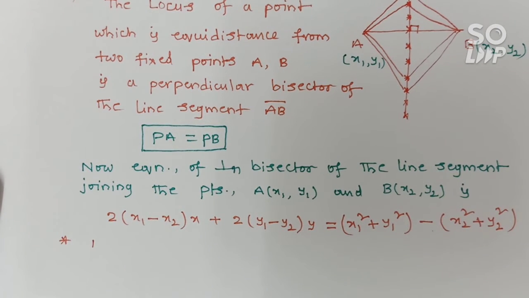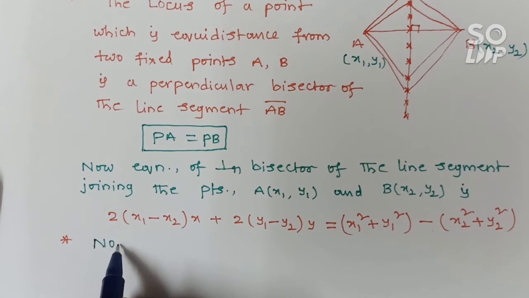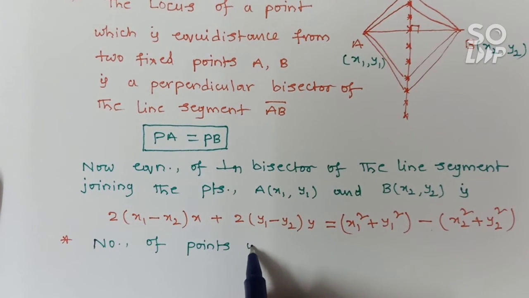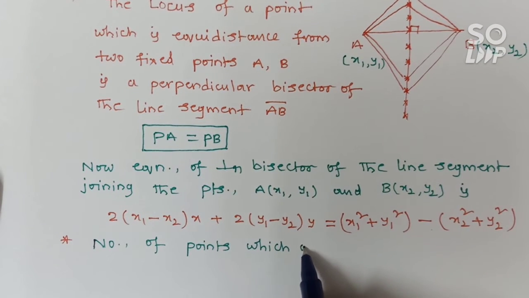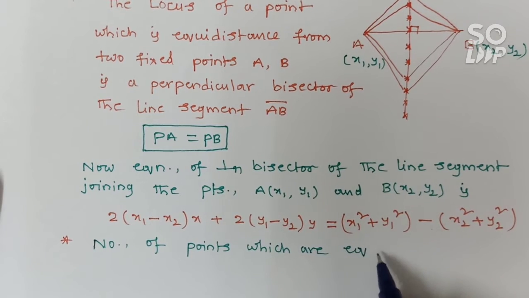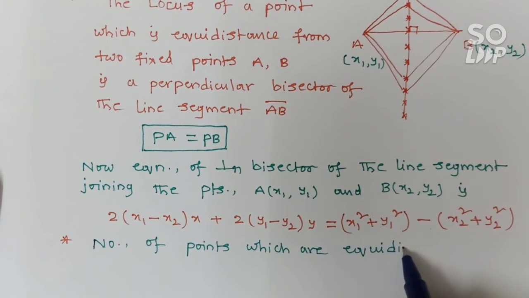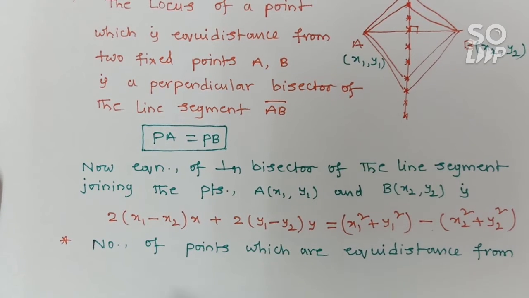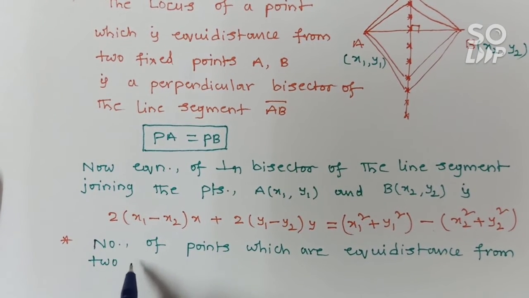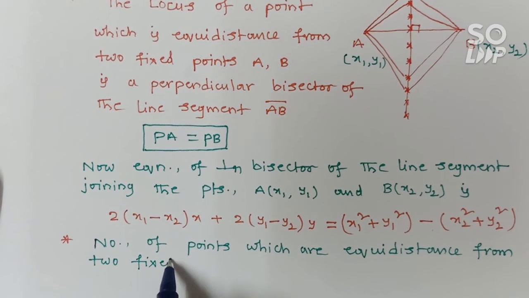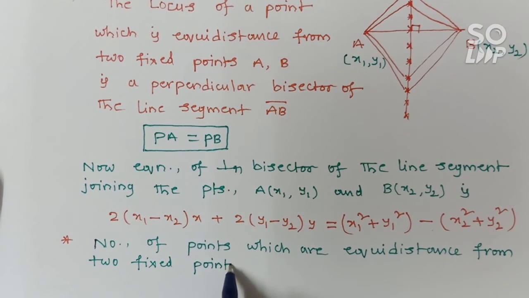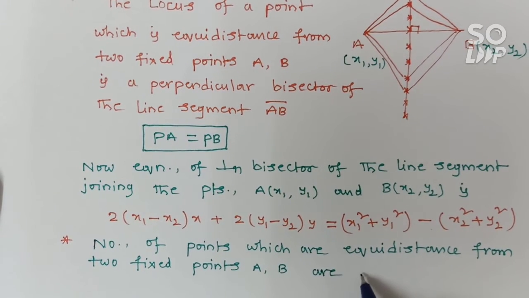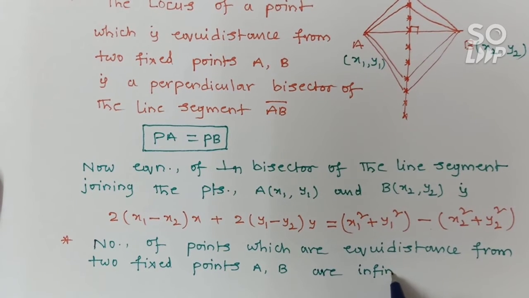Number of points which are equidistant from two fixed points A, B is infinity, right?